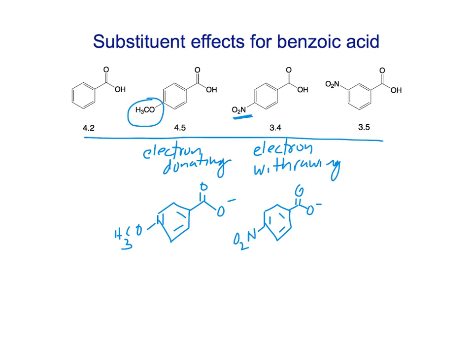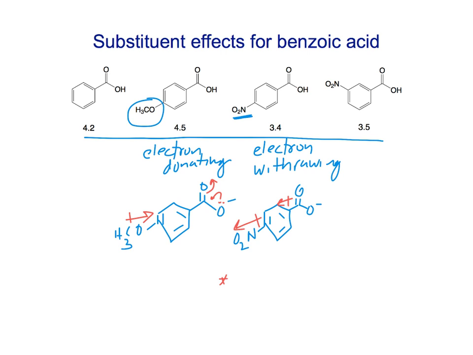No, because the only resonance for this carboxylate is spread between these 2 oxygens. So if this group is donating, it just makes the ring more electron rich, and so it's an inductive effect. It's trying to donate some electrons to that carboxylate, makes it less stable. If we have the nitro group, an electron withdrawing group, it makes that ring electron poor, and again, there's just an inductive effect. It's just going to pull electron density away from the carboxylate.